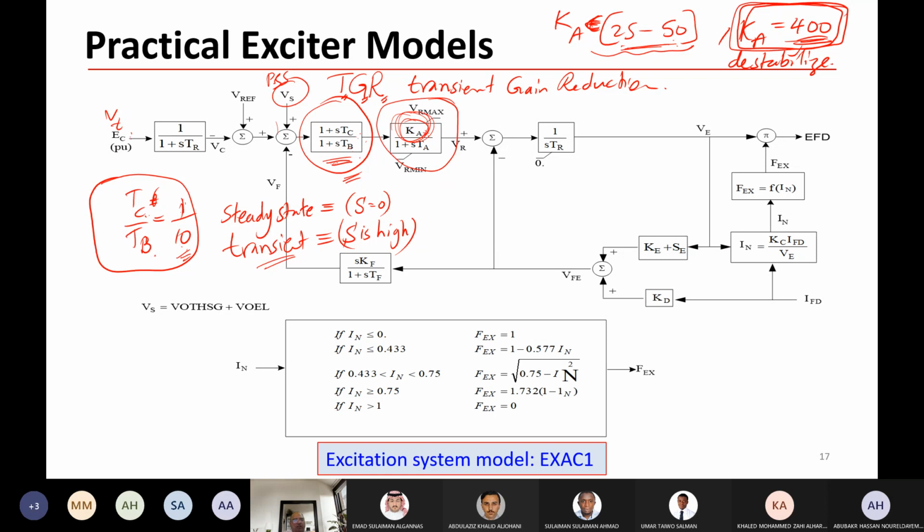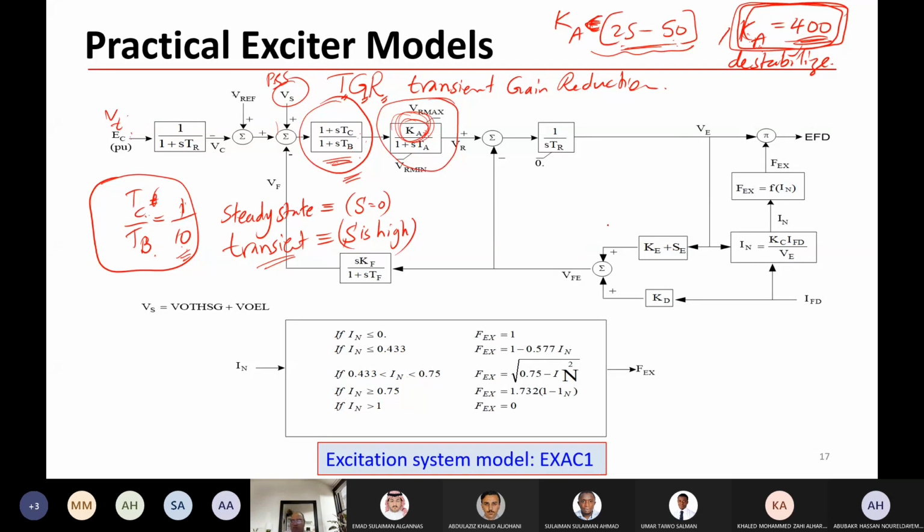So we need to regulate VT equal to V reference as fast as possible, right? So we need to increase the Ka, but if we increase the Ka, the system will be unstable. If we have a disturbance, the system becomes unstable.